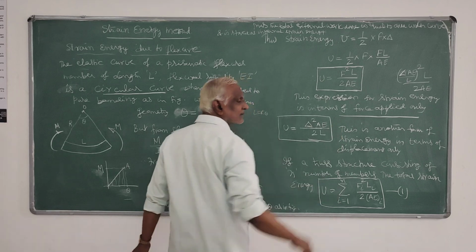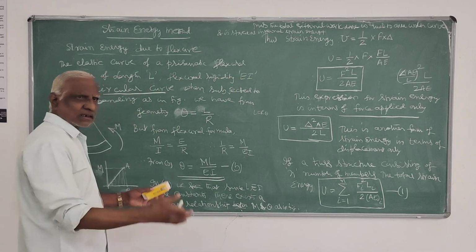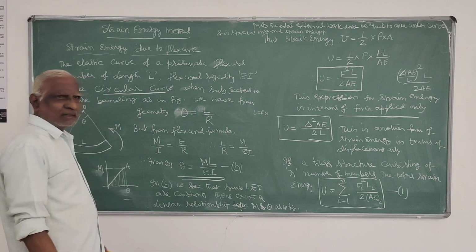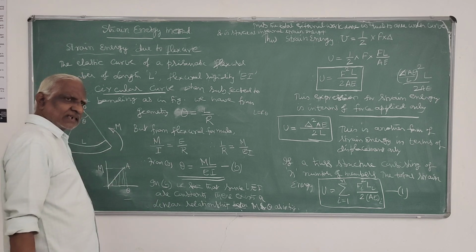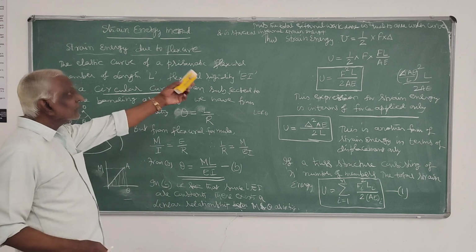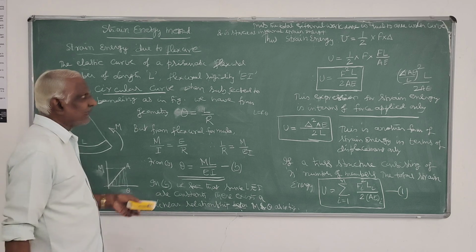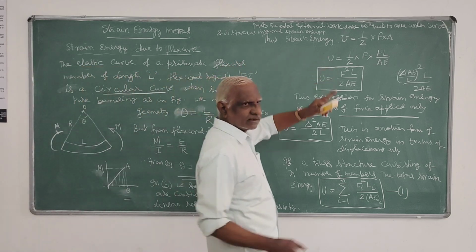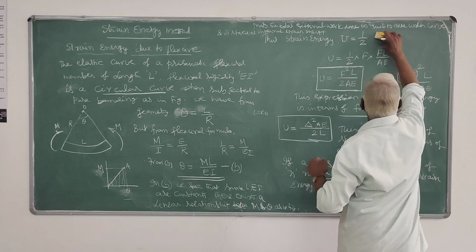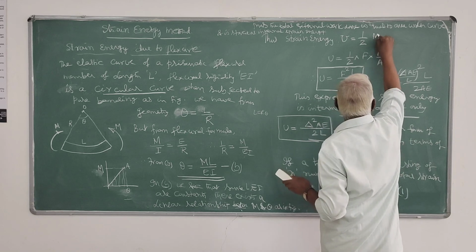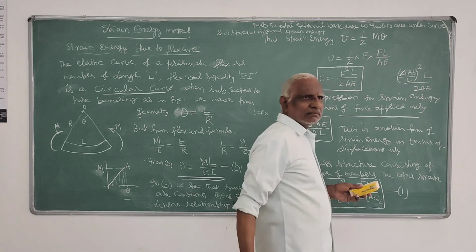That is defined as strain energy. It is nothing but external work done, right? And that external work done will result in internal strain, and that energy will be stored inside that. So thus, strain energy is equal to half into M theta here.